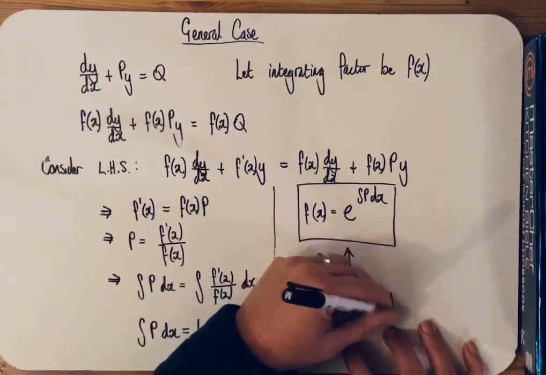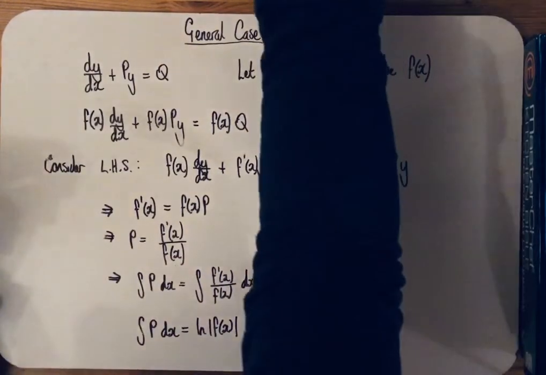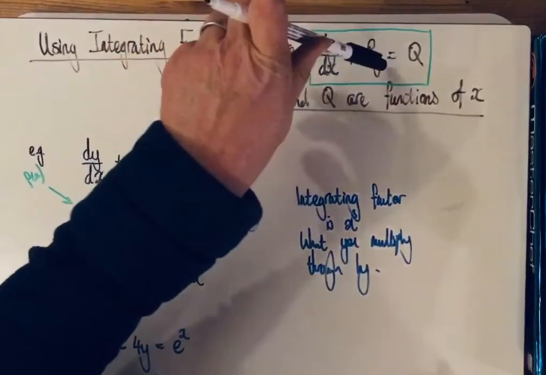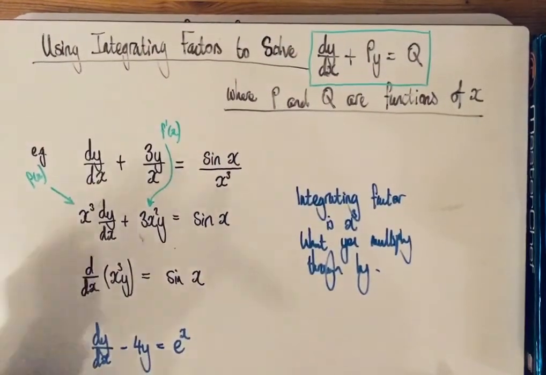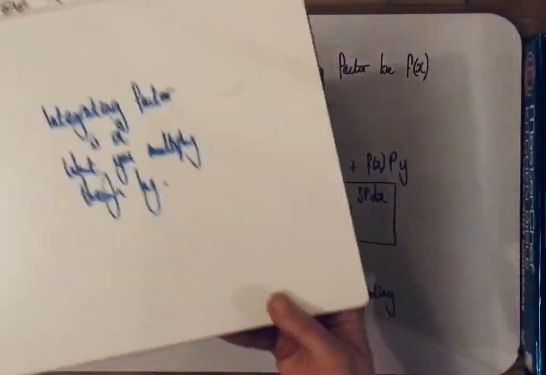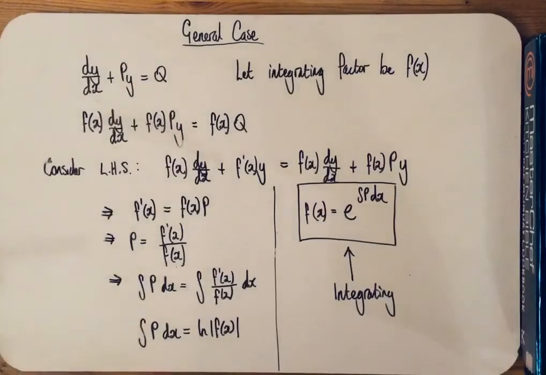That's a general case which you can apply to any differential equation which is in this form. You just need to get something you can integrate on the right-hand side. Obviously in exam questions it's fine, but in real life things aren't always quite that straightforward.